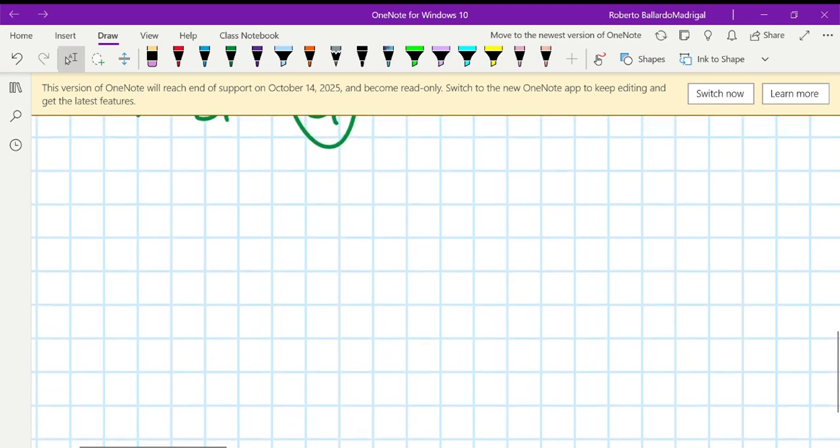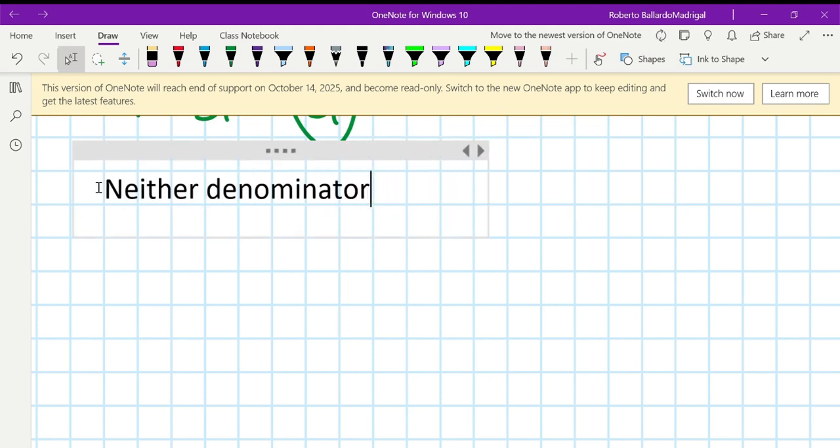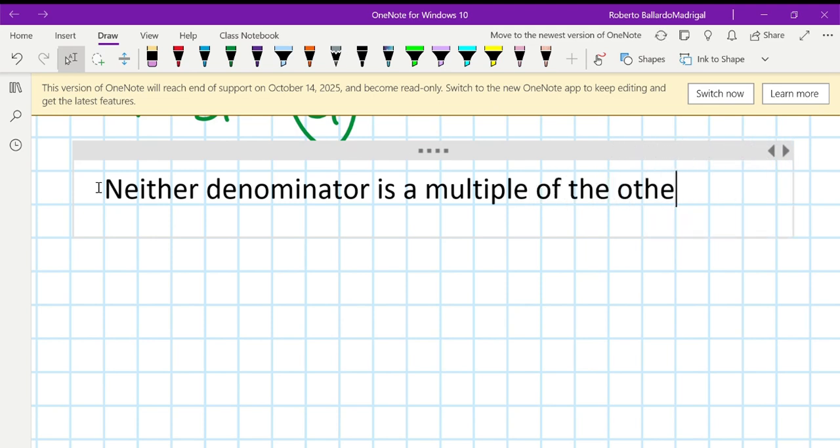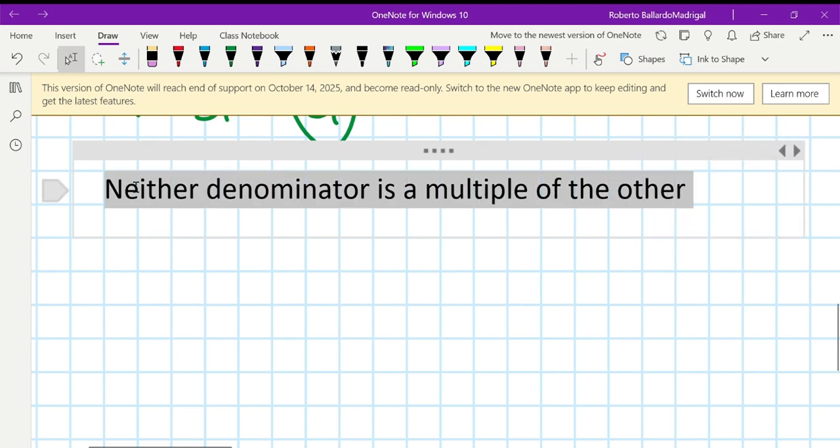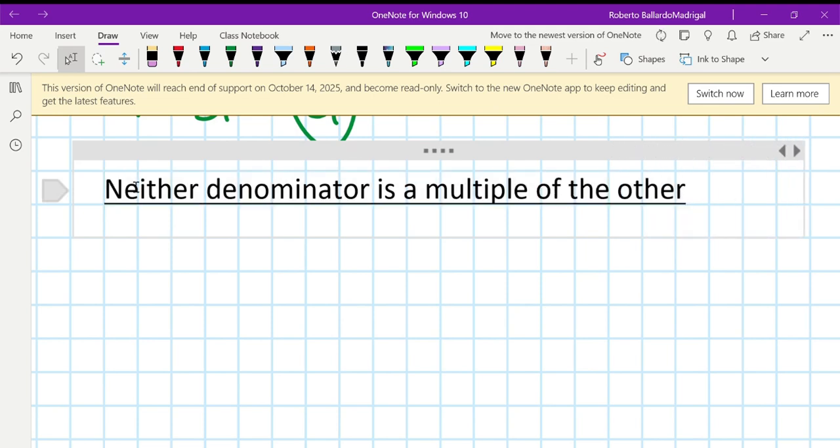Okay, then we have the next one. This final one is going to be when neither denominator is a multiple of the other. Okay.